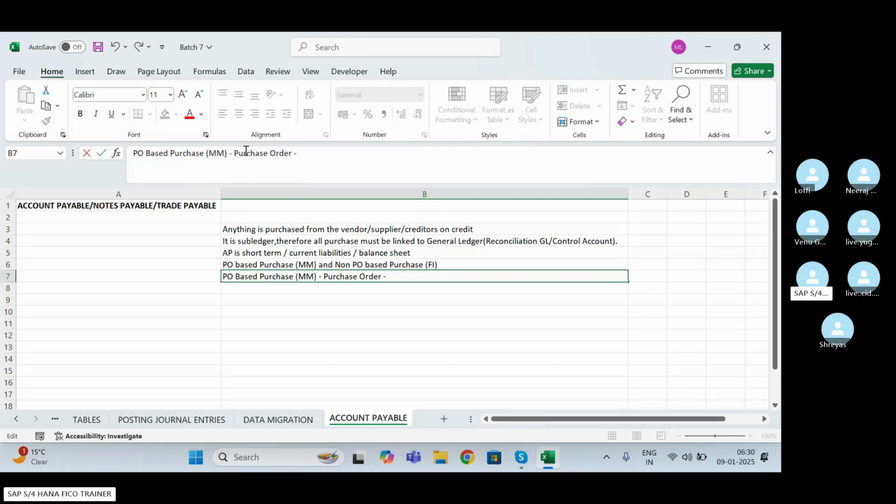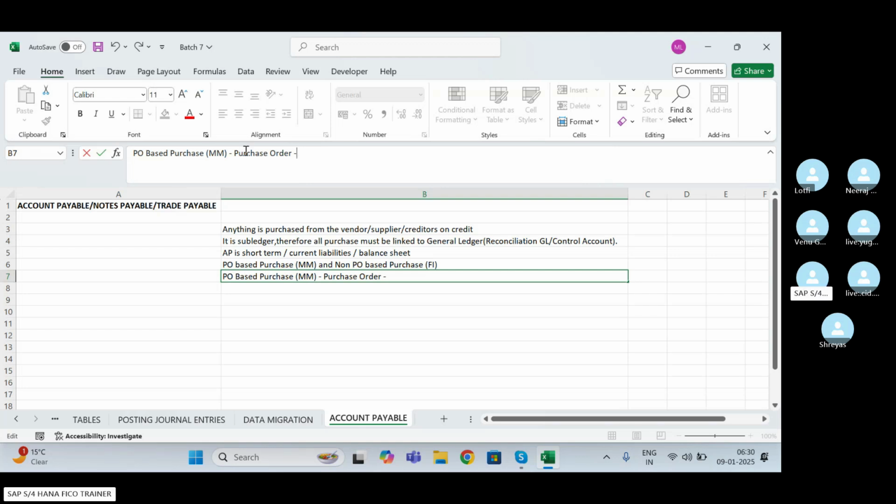Purchase order means it is like an agreement document in which you'll be telling from which vendor you are purchasing, what quantity you are purchasing, at what rate you are purchasing, when the vendor has to deliver the material. All the terms and conditions of your purchase you maintain in the purchase order.